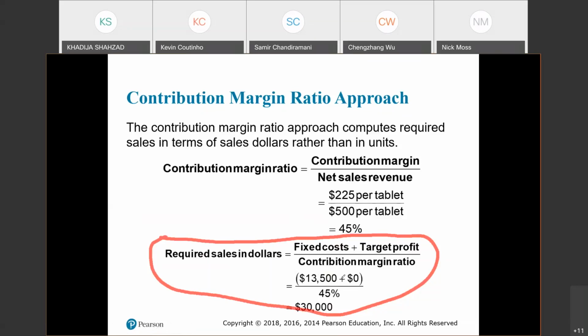So using this way, we can know the dollar amount in terms of the break-even point. Or in other words, at the break-even point, we should get at least $30,000 in sales to reach the break-even point.